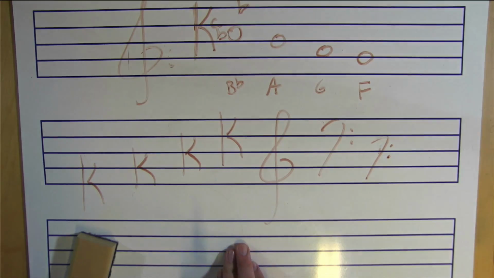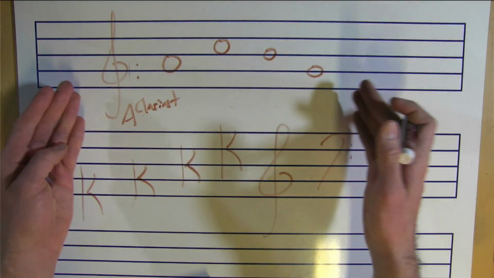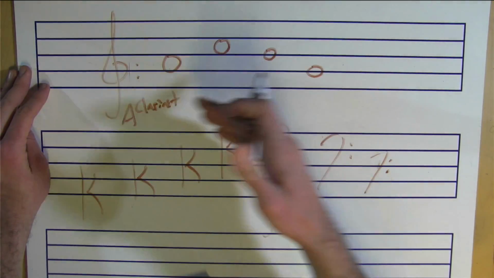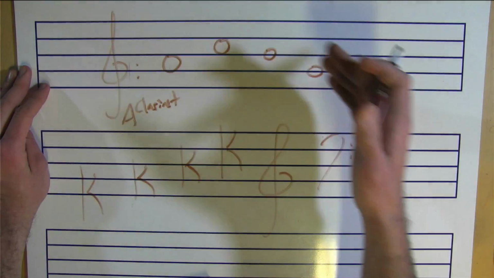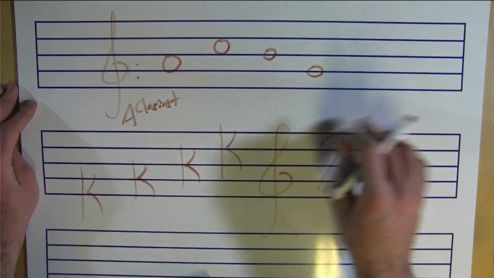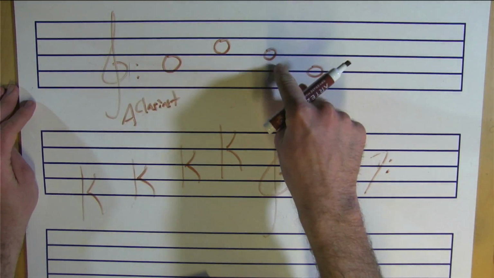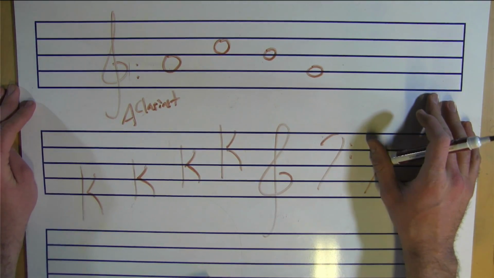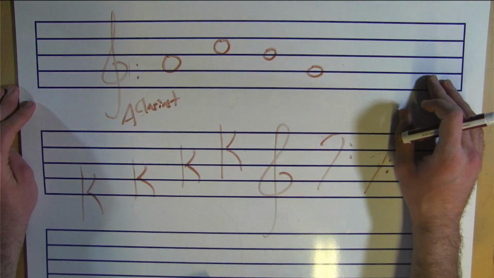Let's try another example. So here we have an A clarinet excerpt, and we are reading their part. They're reading it in the key of C major on their instrument, and they're playing A, C, B, and G. Well, as we said before, for an A clarinet, you would have to transpose everything down a minor third.